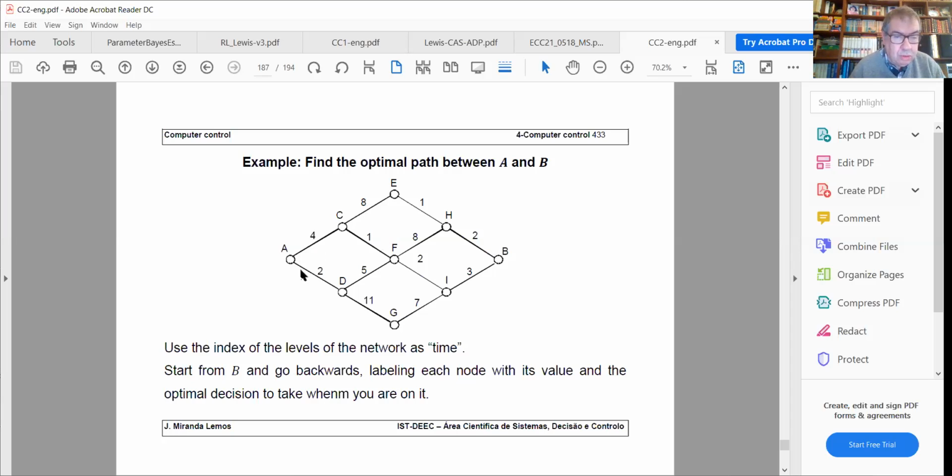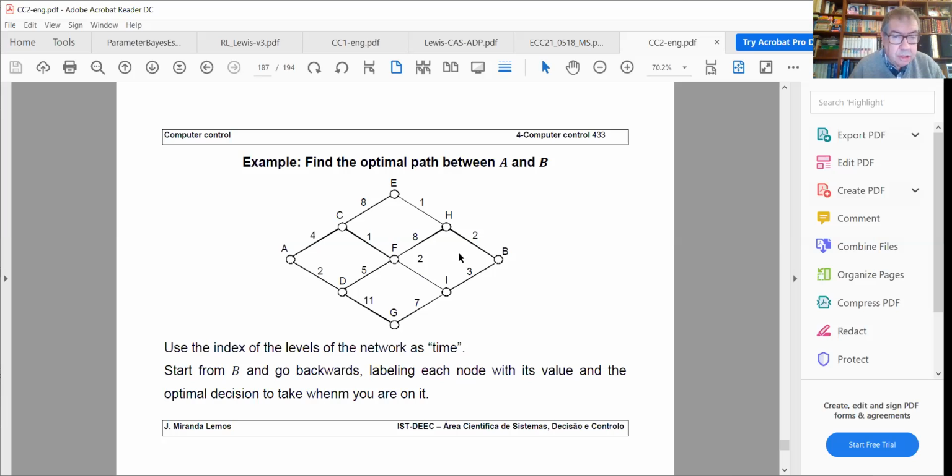So you want to travel from A to B by some pass, say, for instance, A to C, C to E, E to H, H to B. That corresponds to a cost which is 4 plus 8 plus 1 plus 2, which is 15.